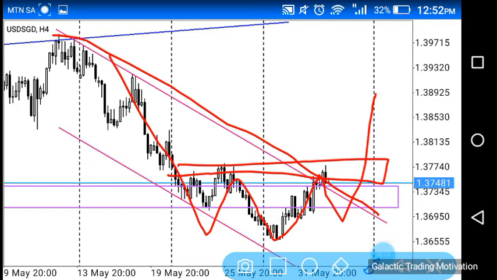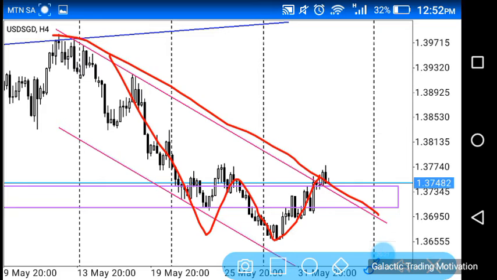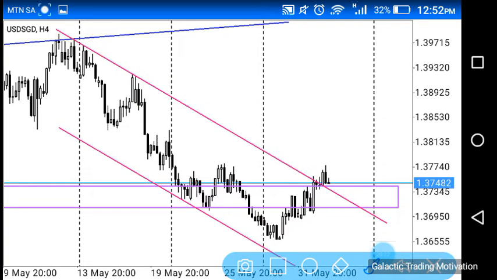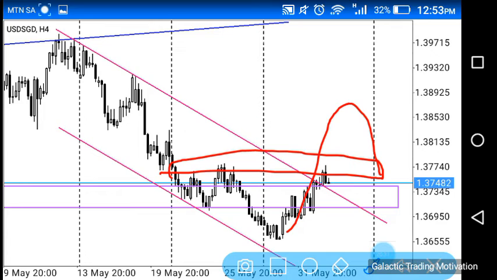So what I would do actually is wait for price to break above this neckline in this manner, and then come back to retest this neckline. Once price retests this neckline, I would look for an actual buying opportunity, right? And my first take profit should be around this area over here.